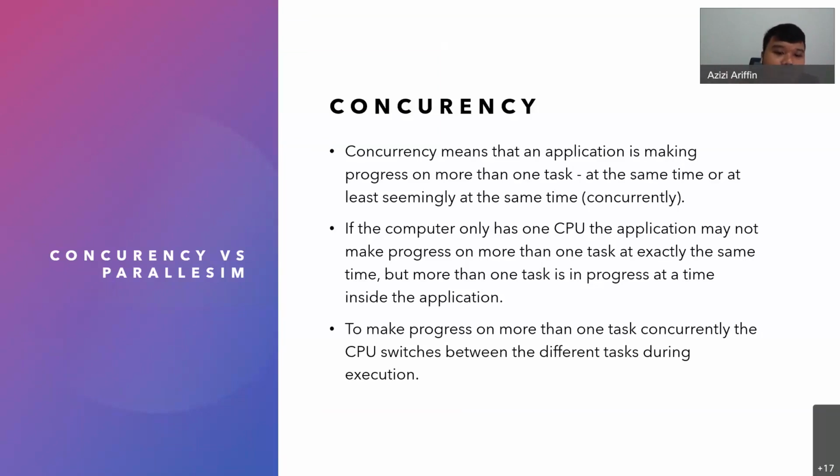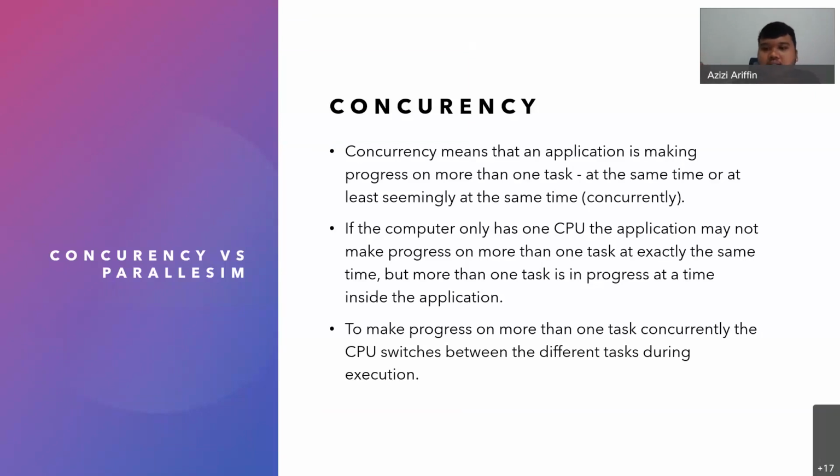So if the computer only has one CPU, the application may not make progress on more than one task at exactly the same time. But more than one task is in progress at the time inside the application. Faham tak? So kalau kita ada concurrent, dia can either be pure parallel, maksudnya memang dia jalan serentak, ataupun it seems that it is concurrent.